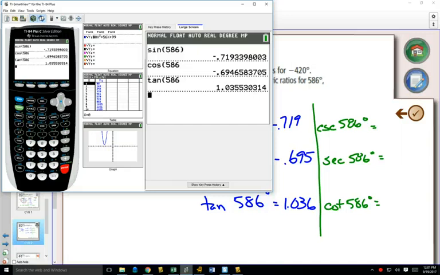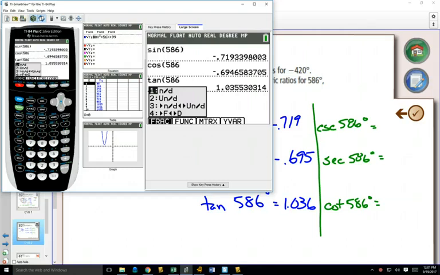Now there's 2 ways of doing 1 over sine. You can do 1 divided by, but right now I want you to get used to writing fractions as fractions. So if you have the newest operating system, go alpha y equals. So I hit the alpha button and then y equals, and this menu comes up.